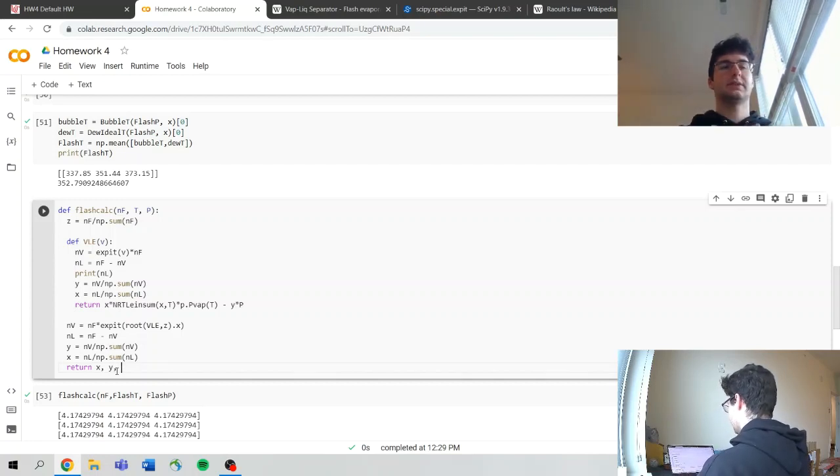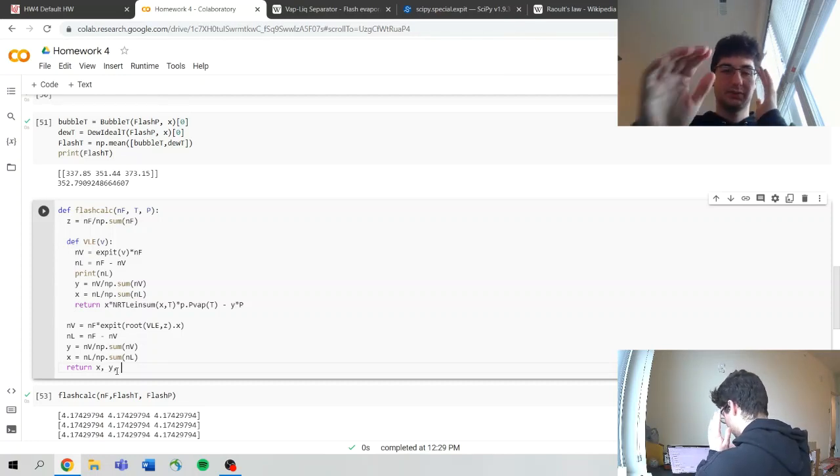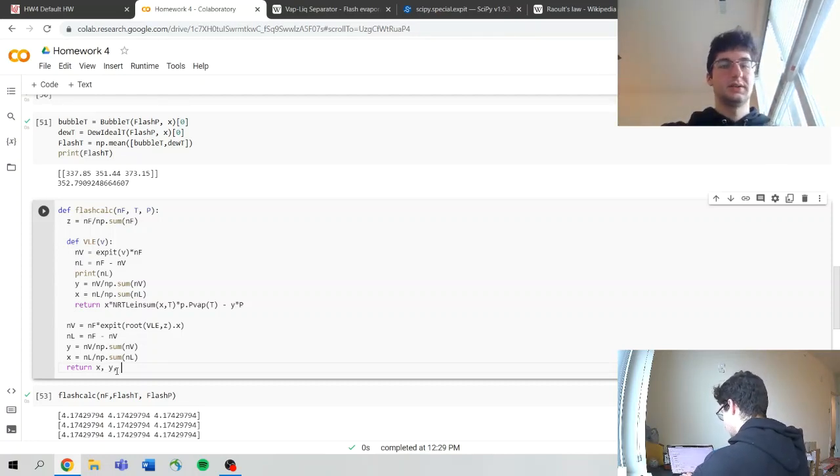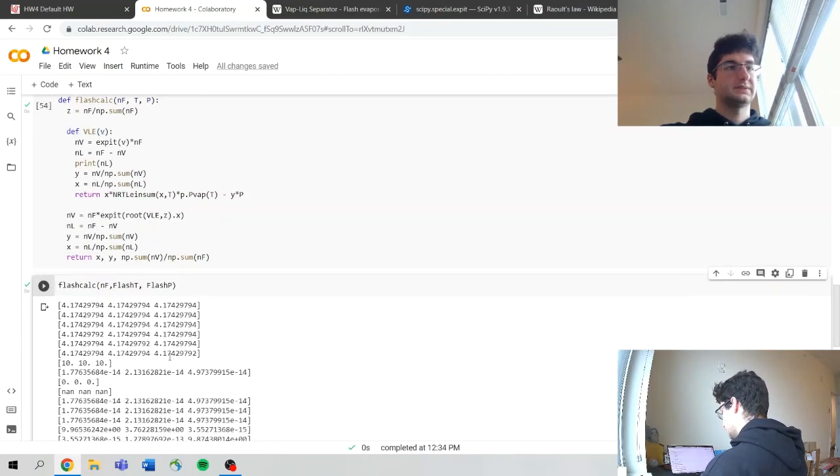And let's also give it a molar fraction so that we can actually see what we're looking at. So let's do NV, so np.sum NV divided by np.sum of NF. So that'll tell us how much of this is actually in the vapor phase. Okay, we'll run this.